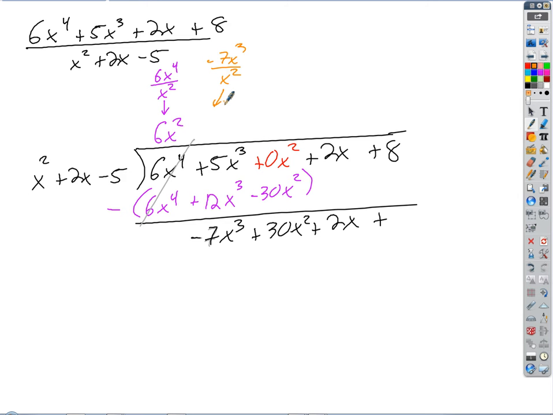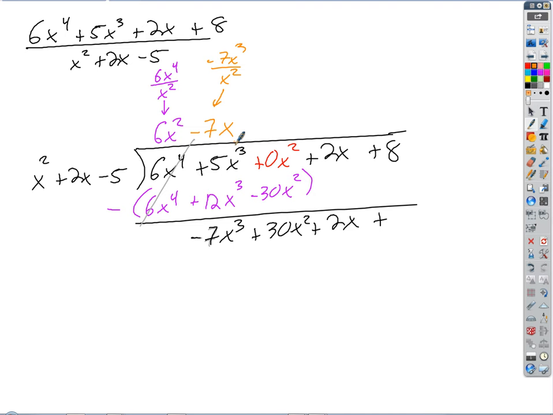Negative 7x, right? In other words, you could just say to yourself, x squared times what is negative 7x cubed? Well, negative 7x, right? So that's the next term in the quotient.